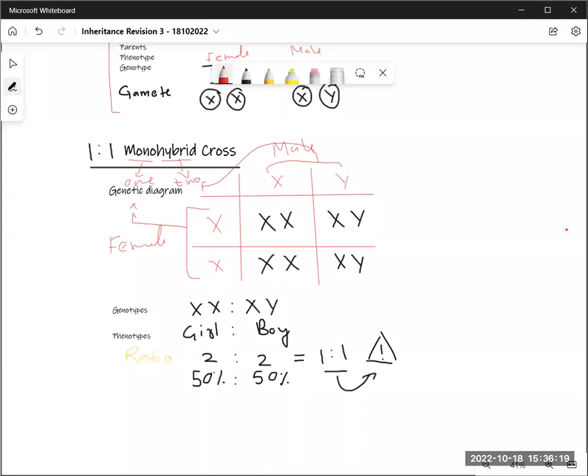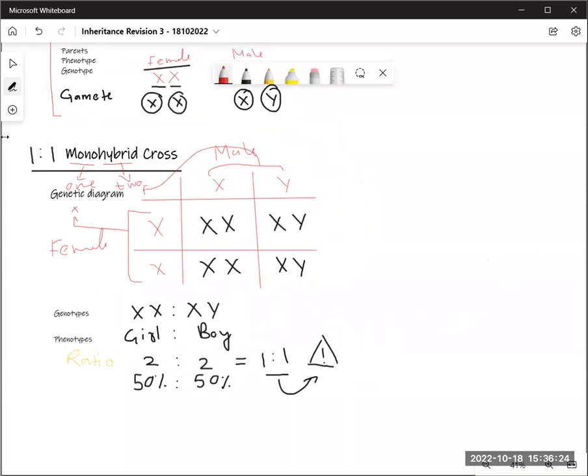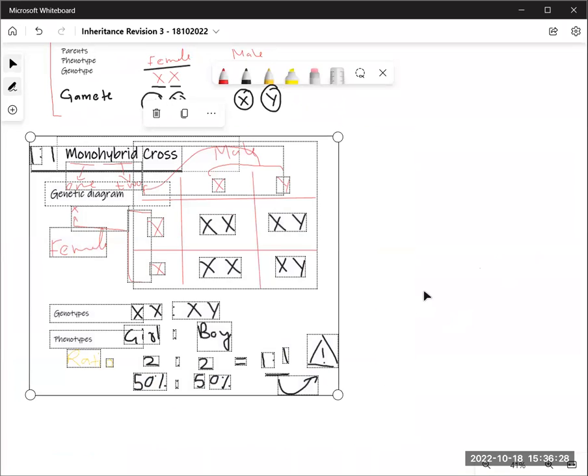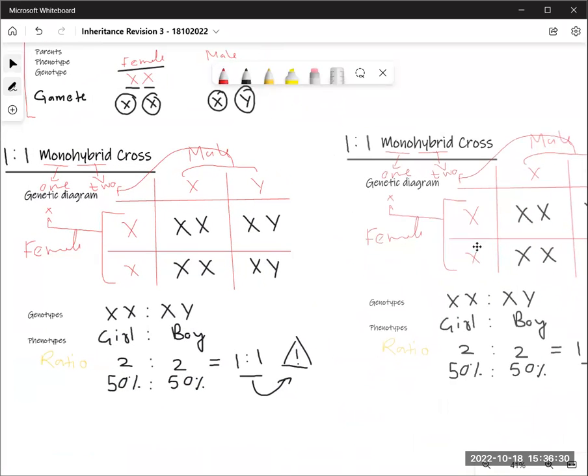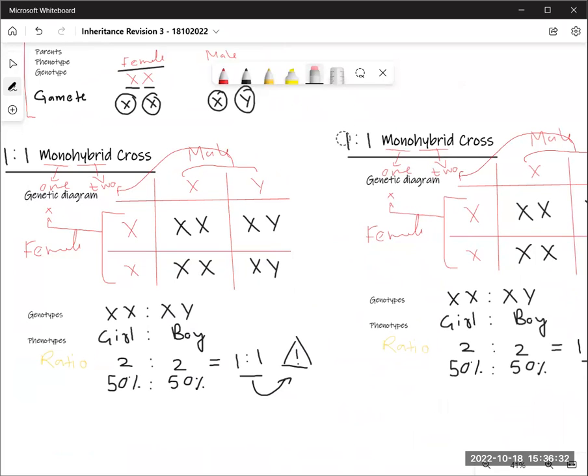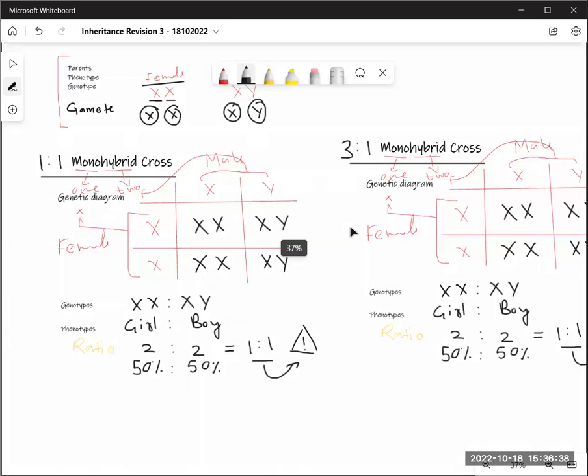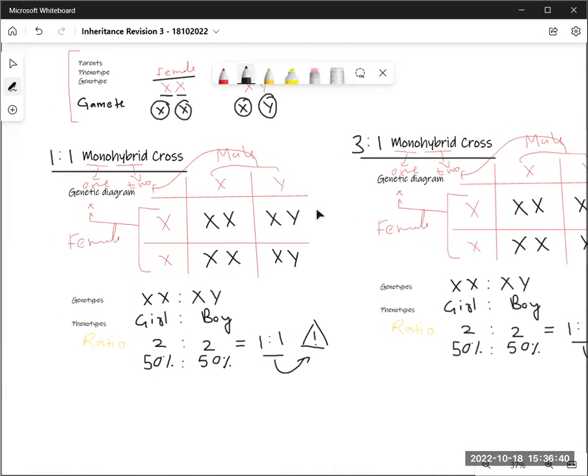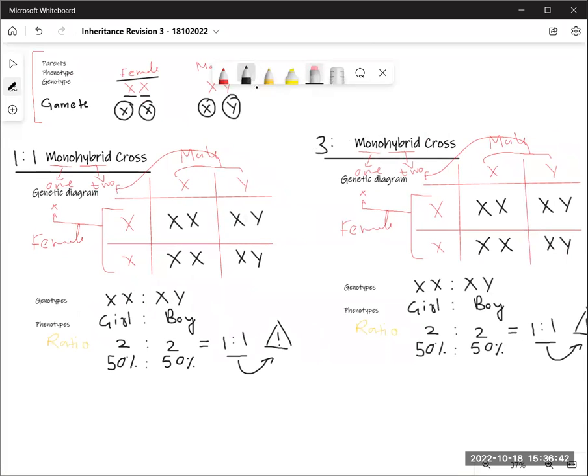Any questions? No, sir. Let's look at another one like this. The second one is another monohybrid cross, but not 1:1. It's actually 3:2. Sir, they gave us the parents, right?